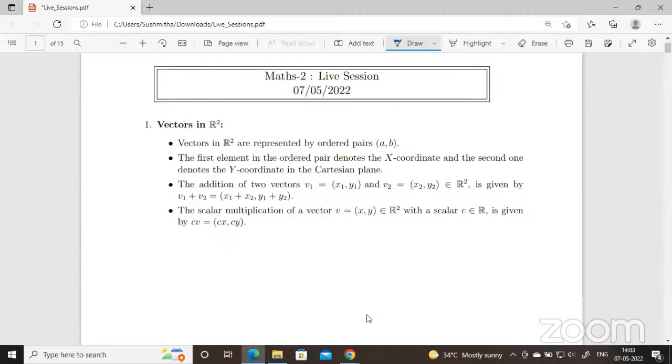Something that has magnitude and direction. If you take the 2-dimensional plane, it has a magnitude and a direction, so we represent it by an arrow. It starts at the origin and ends at the vector.